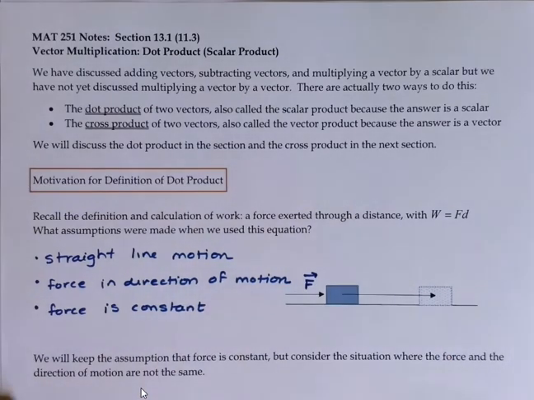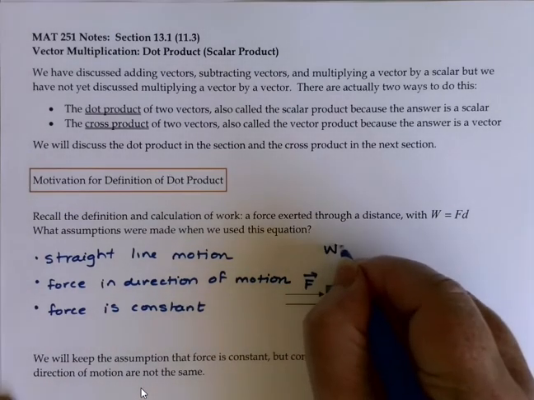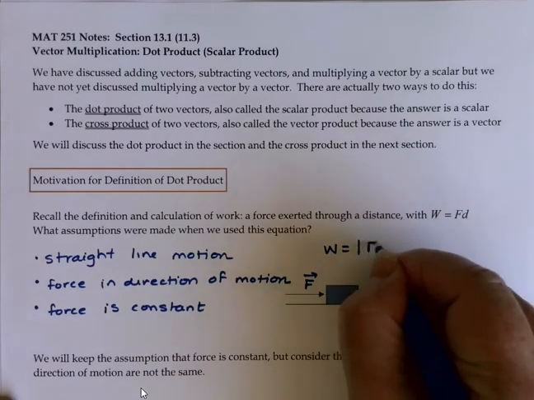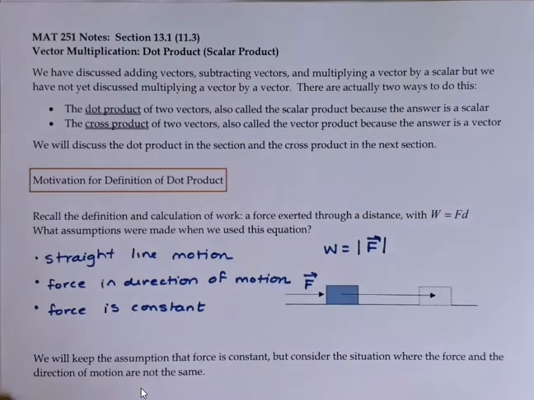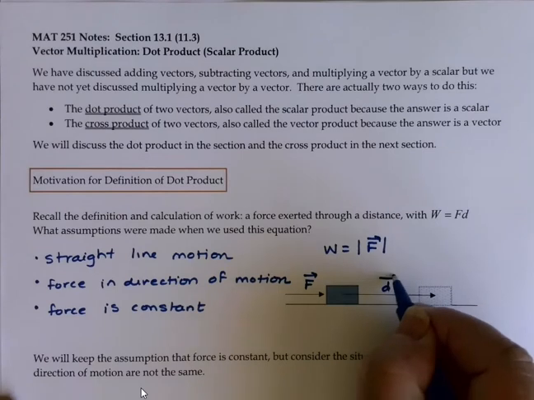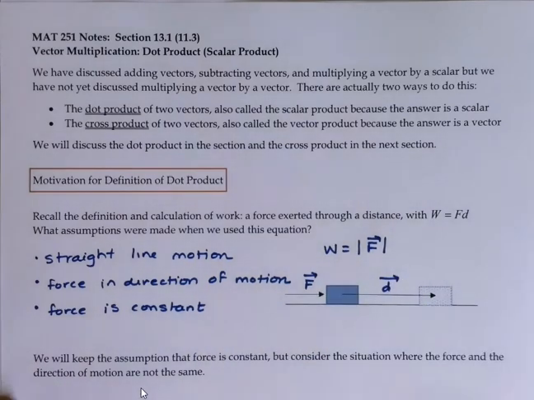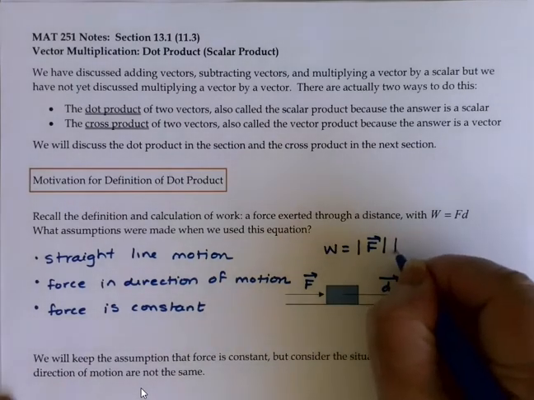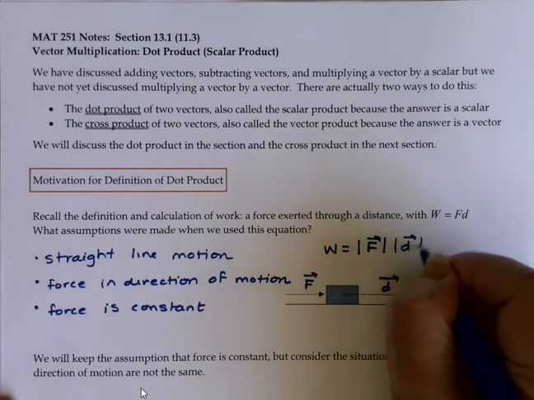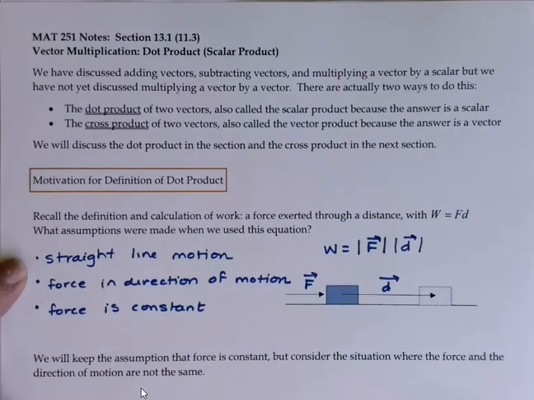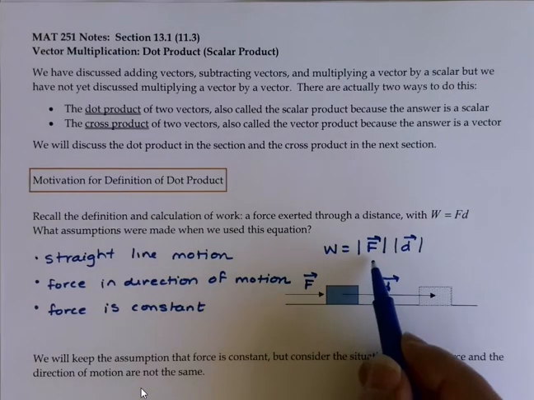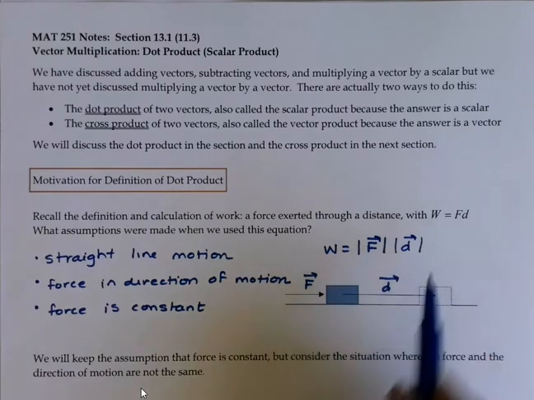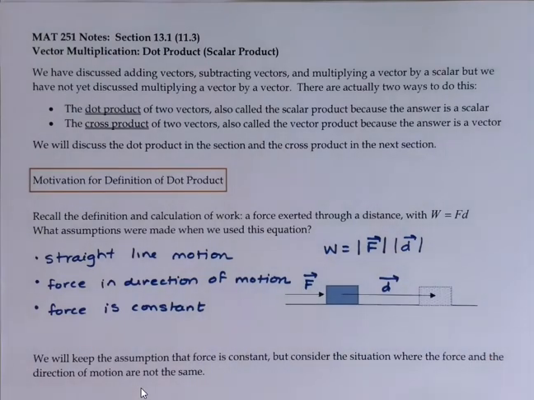So if that's the force vector, then F here becomes just the magnitude of F. And if the direction is identified through that vector, then the D becomes the magnitude of D. So in the case that all three of these conditions are satisfied, work would be the magnitude of the force multiplied by the magnitude of the distance.